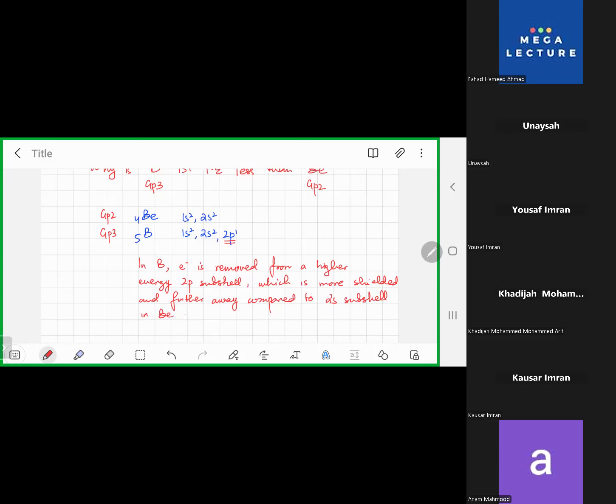So was slightly more shielded, so it's why it's well, hence वो भी लिखना है, hence easier to remove electrons.